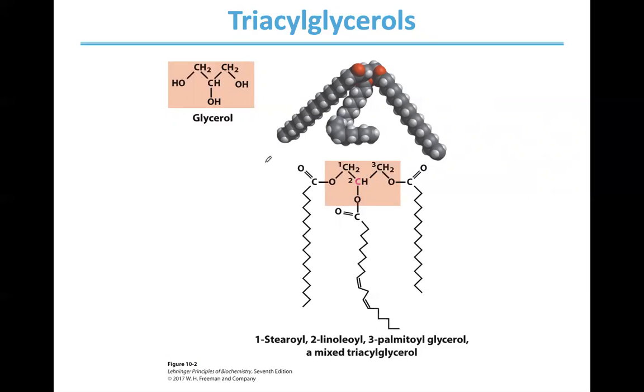Sorry, not so much. Well, no, take it back. Glycerol-based lipids are primarily components of cell membranes, but these ones, when you have 3 acyl groups, are primarily storage lipids.